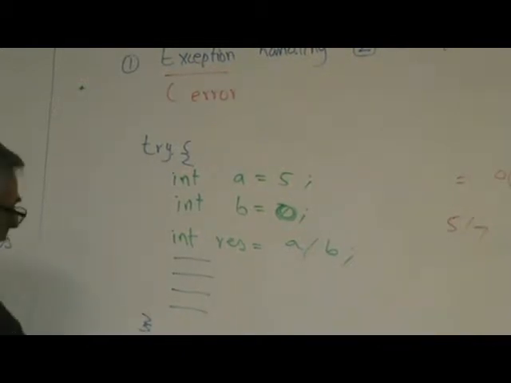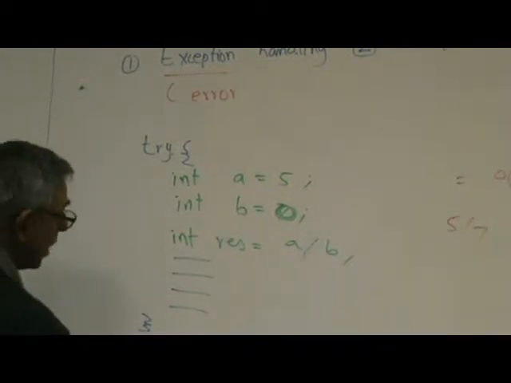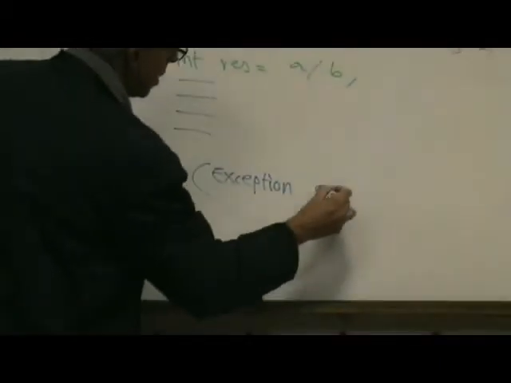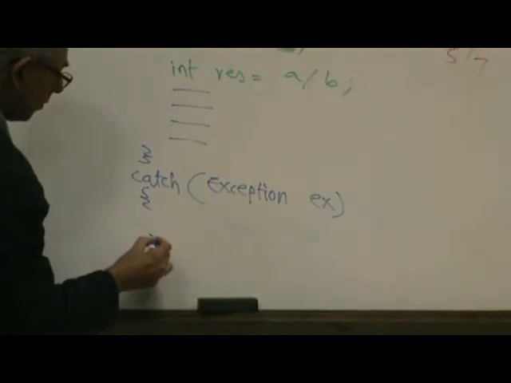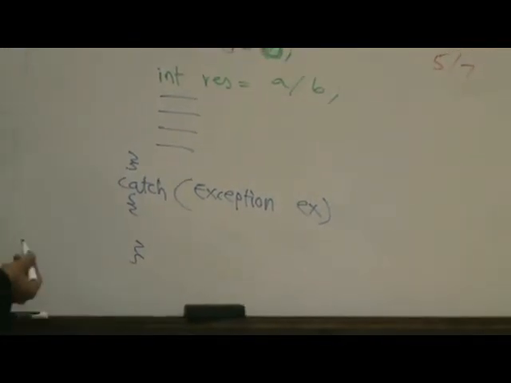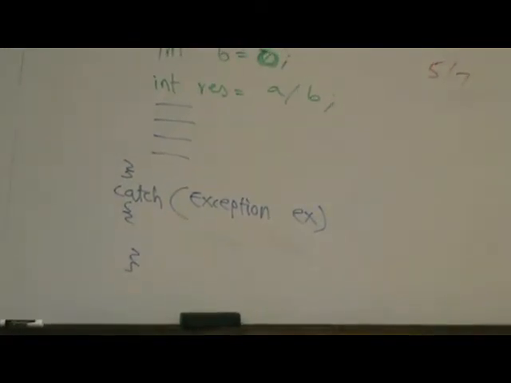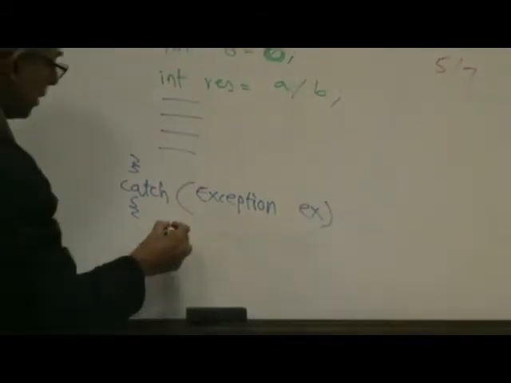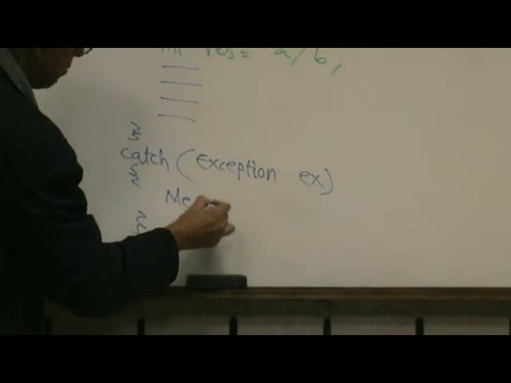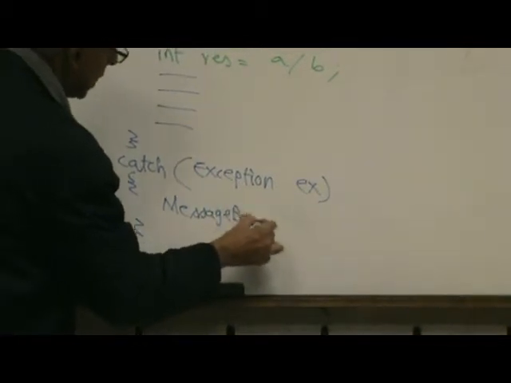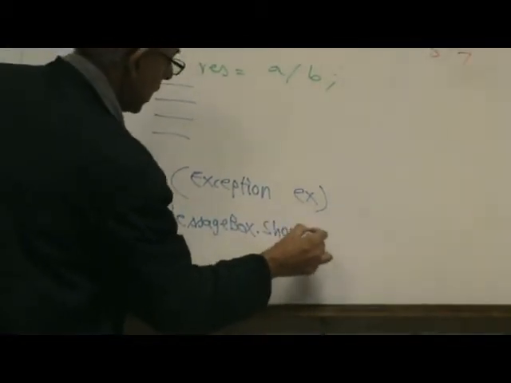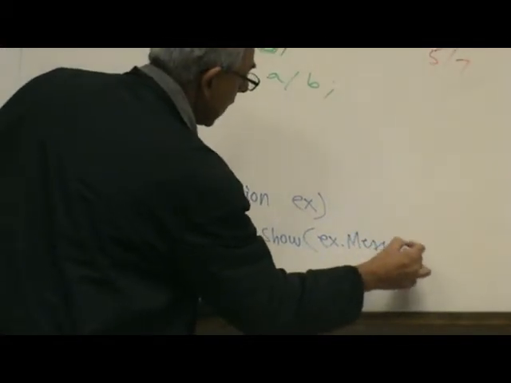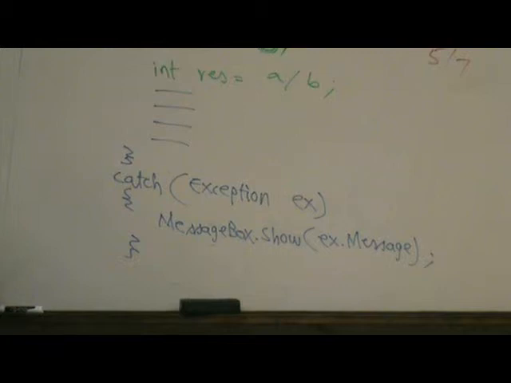Then you put a catch over here, and it's up to you whether you want to terminate the program or display an error message and keep continuing. So now you can say, for example, MessageBox.Show(ex.Message).